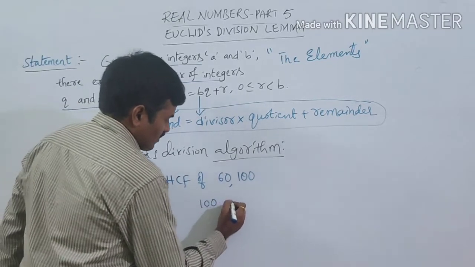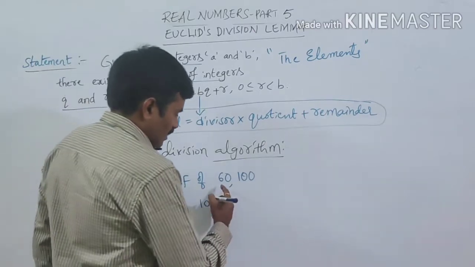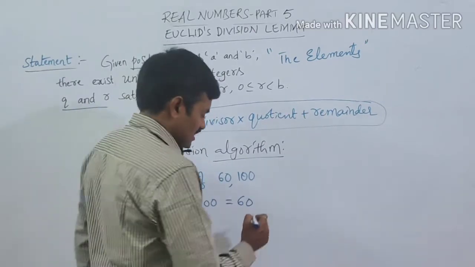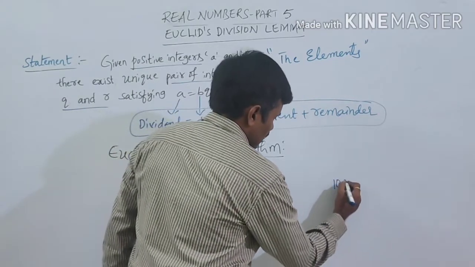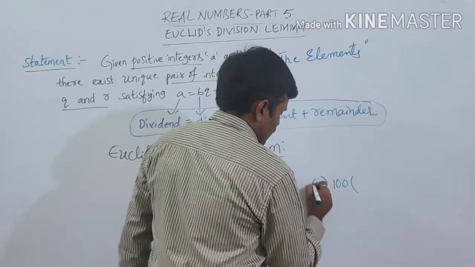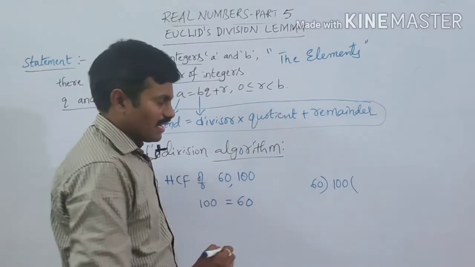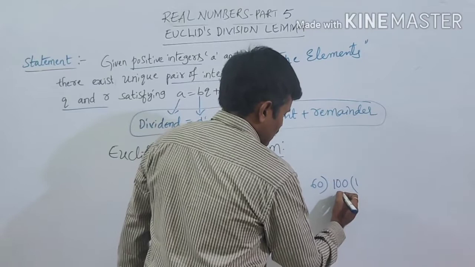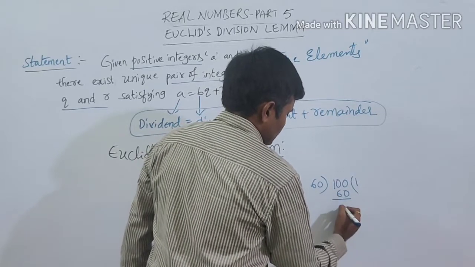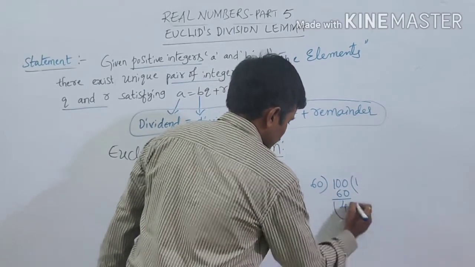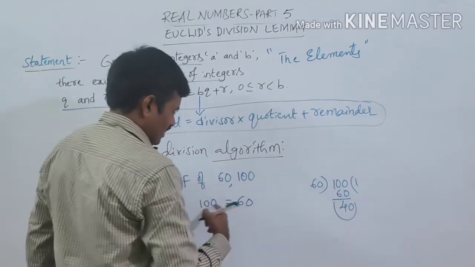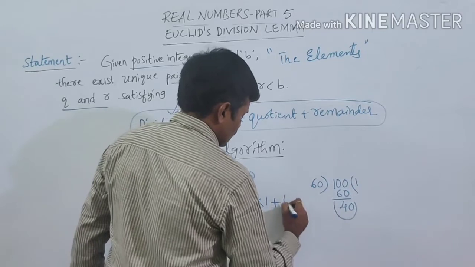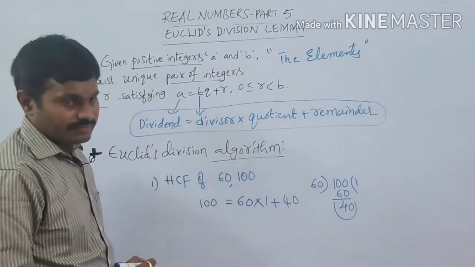Take that number as dividend and 60 as divisor. See, 100 divided by 60. How many times can we divide? One time it is possible. 1 times 60 is 60, remainder is 40. So 100, the dividend, is equal to divisor 60 into quotient 1 plus remainder 40.